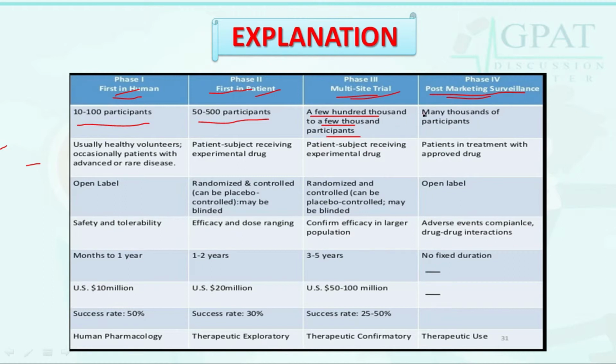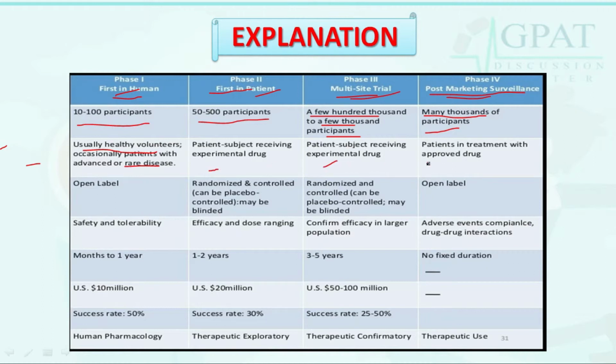In the 2019 and 2018 exams, students, one question arose from this portion. Phase 1 usually involves healthy volunteers, occasionally patients with advanced or rare disease. So this is all the information about the phases.